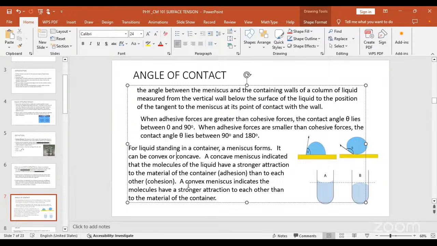A convex meniscus indicates the molecules have a stronger attraction to each other than to the material of the container. So the first case is the concave case. The second case, the B part, is the convex meniscus case.